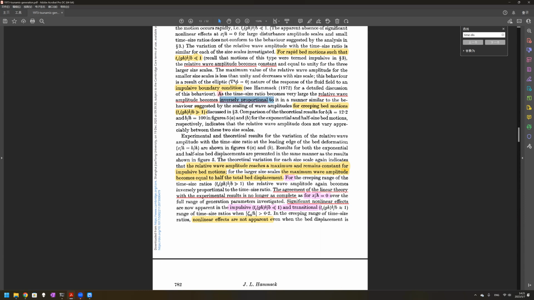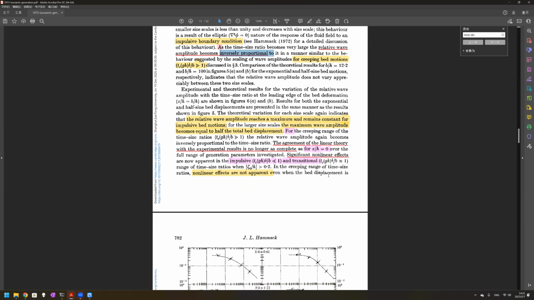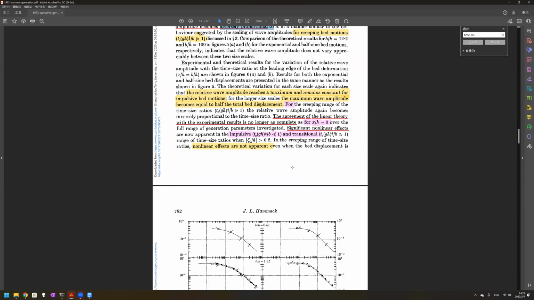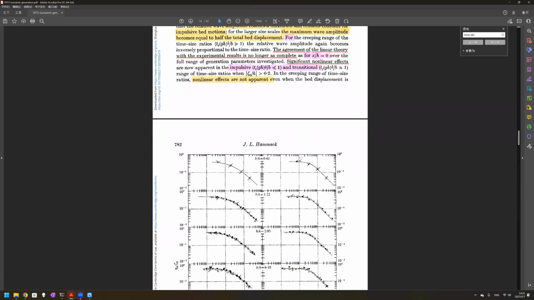So when more than 1/5 of the ocean depth is being elevated or downthrown. So that's the examination of linear effects. It is worth noticing that for the creeping, the large time size ratio, the non-linear effects are still small.